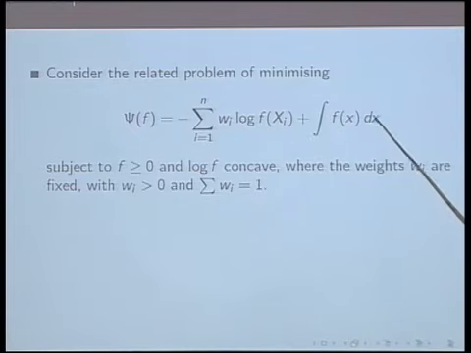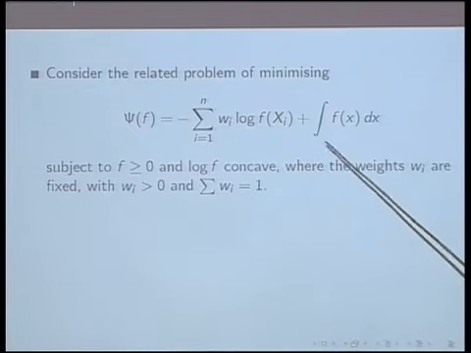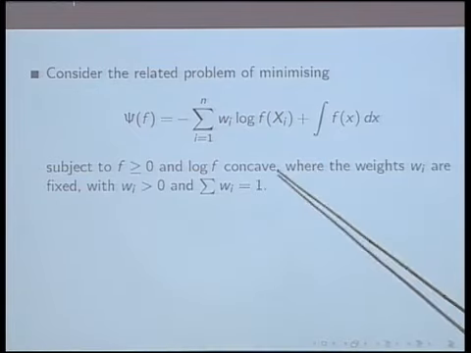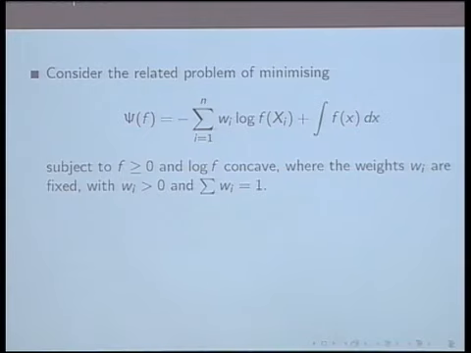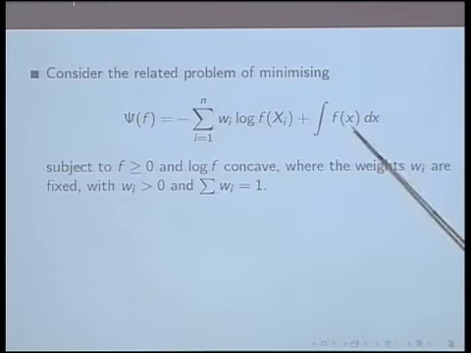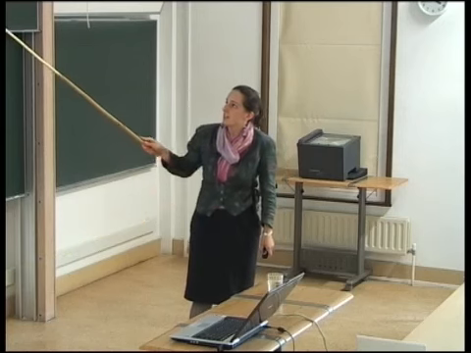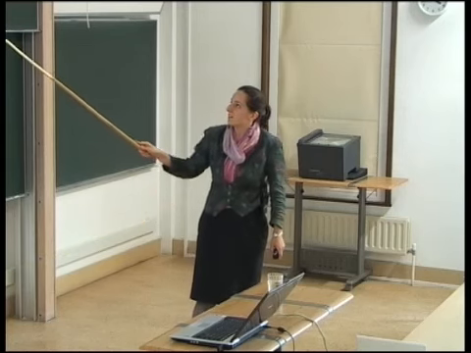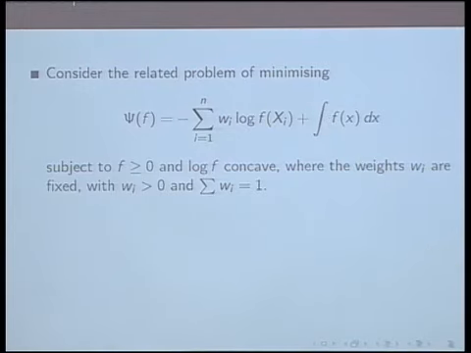And the second term here is a Lagrangian term, which enables us to relax the assumption that we're minimizing over densities. So we're just minimizing this function over all log-concave functions. And this penalization will make sure that we get a density out at the end. So think of this as 1 over n times minus the log likelihood, and then a Lagrangian term.